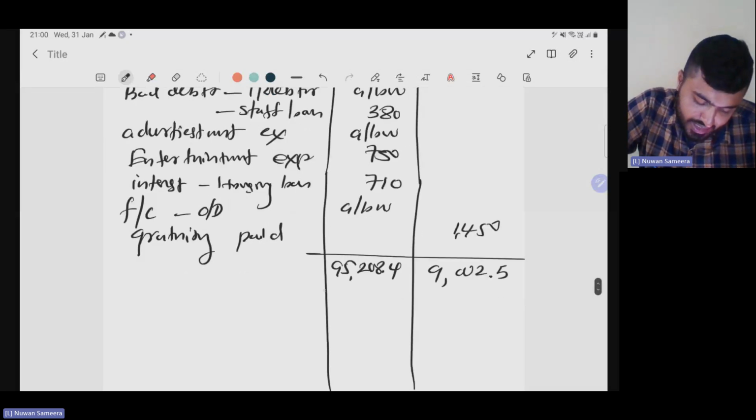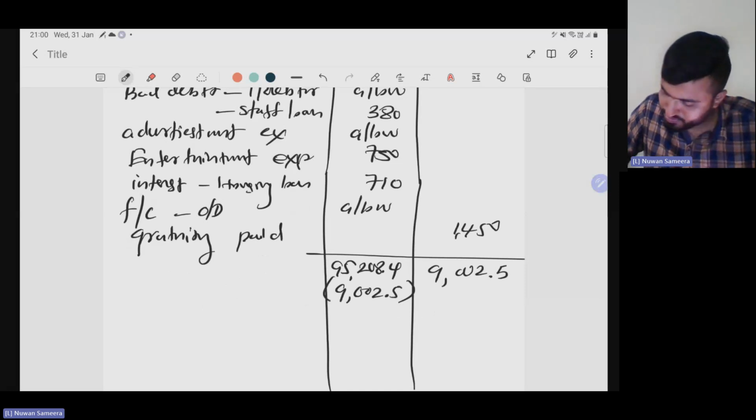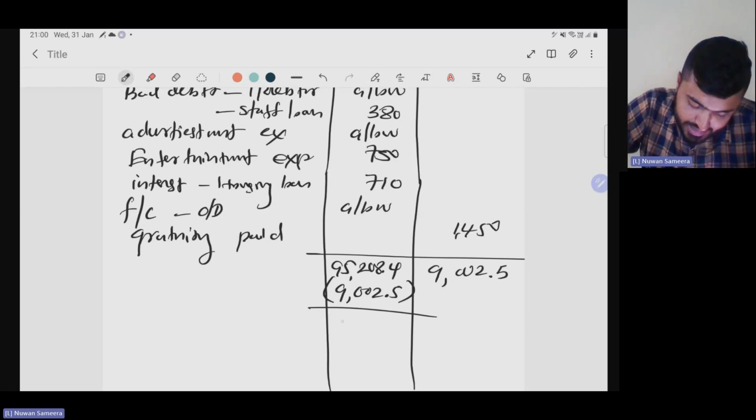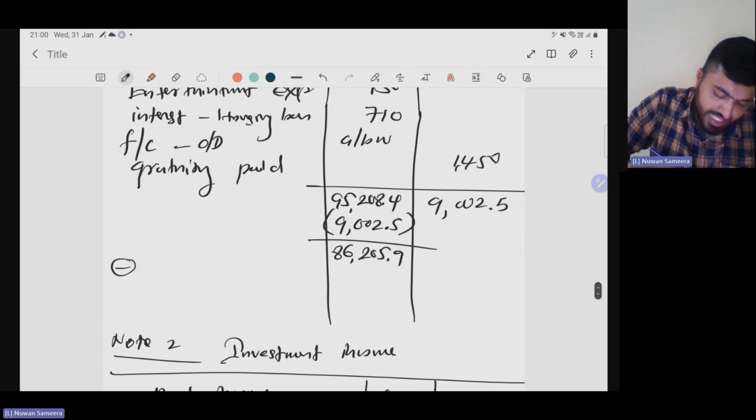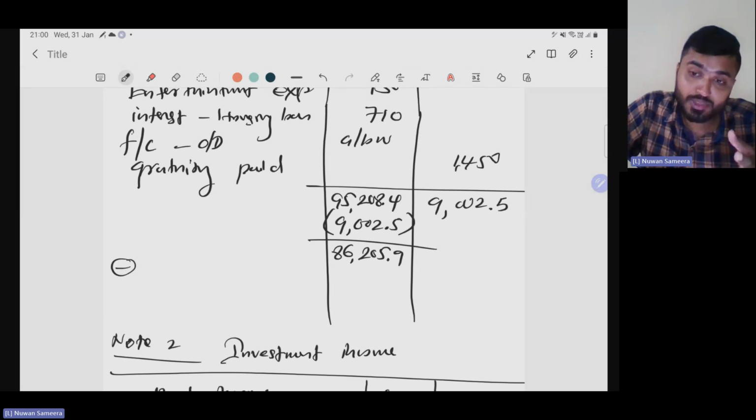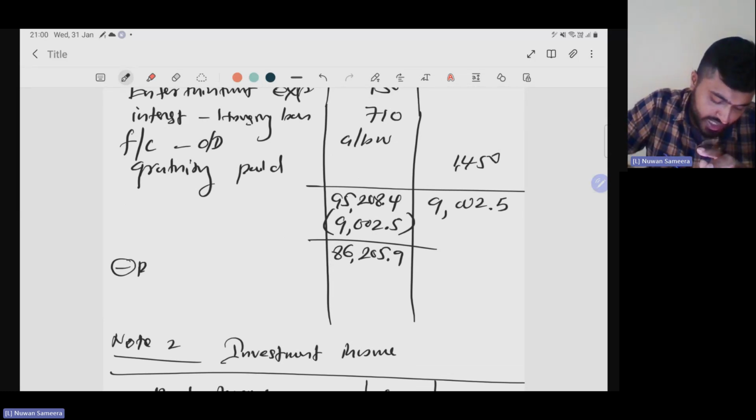So you can deduct this 9,002.5 from this value. So here 86,205.9.